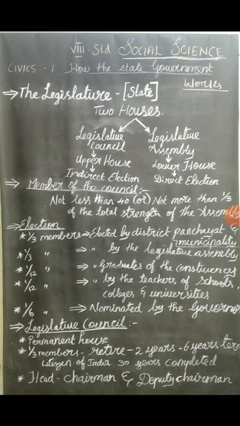In his absence, that means when the chairman is absent, the deputy chairman presides over its meetings. They are elected from among the members of the house. So those are the activities of the legislative council.